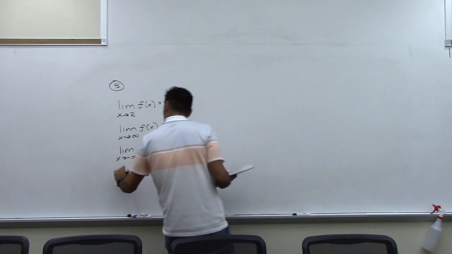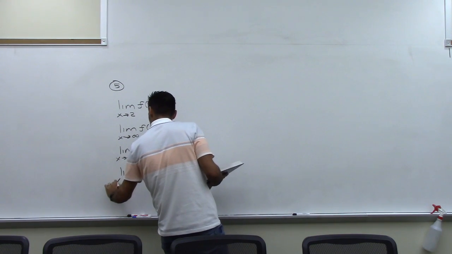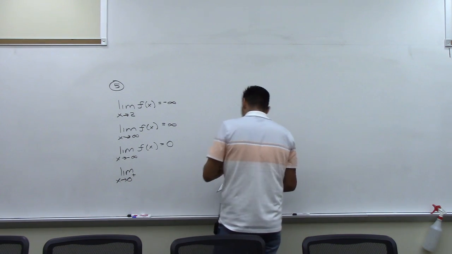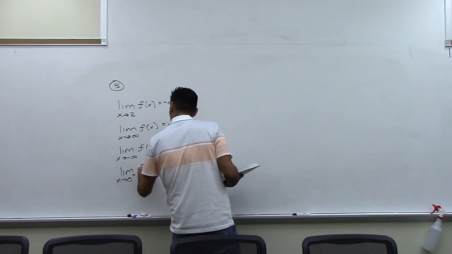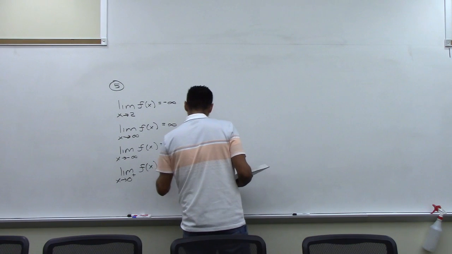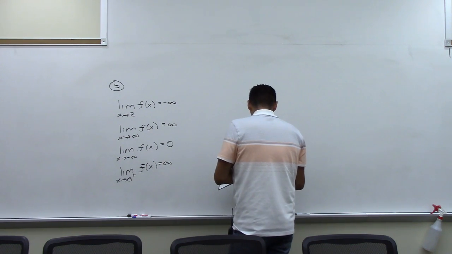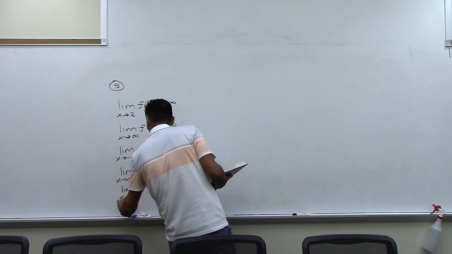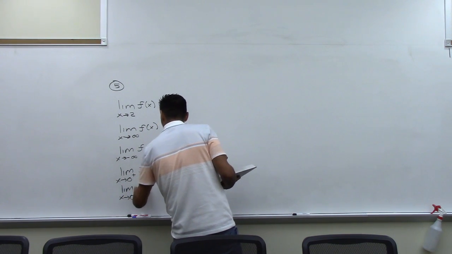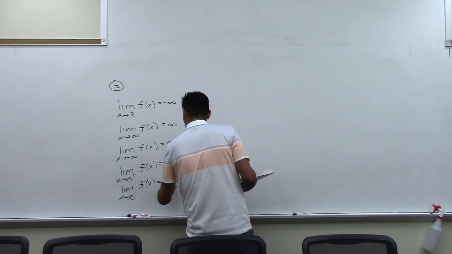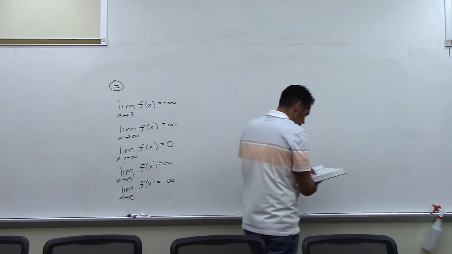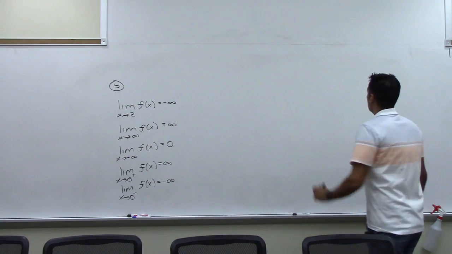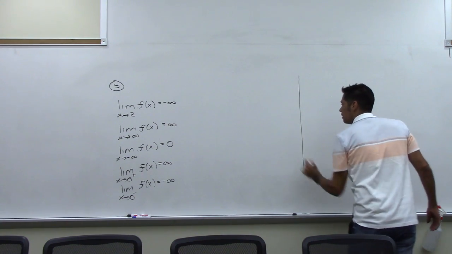We want the limit as x approaches 0 from the right, because it has a little plus sign there, of our function to be positive infinity, and 0 from the left of our function to be approaching negative infinity. And that's it. All right, so let's look at drawing something that does that.